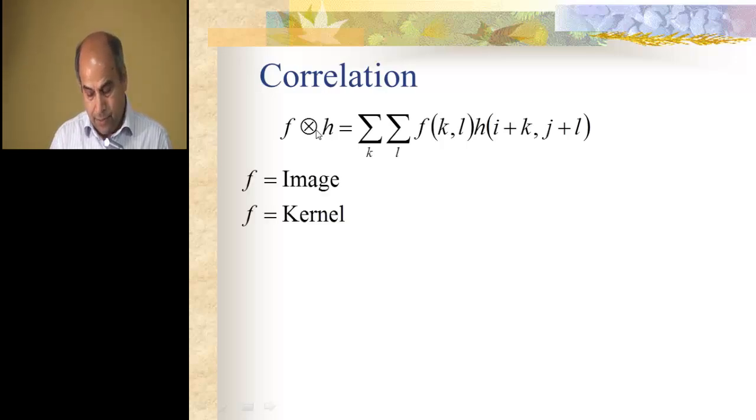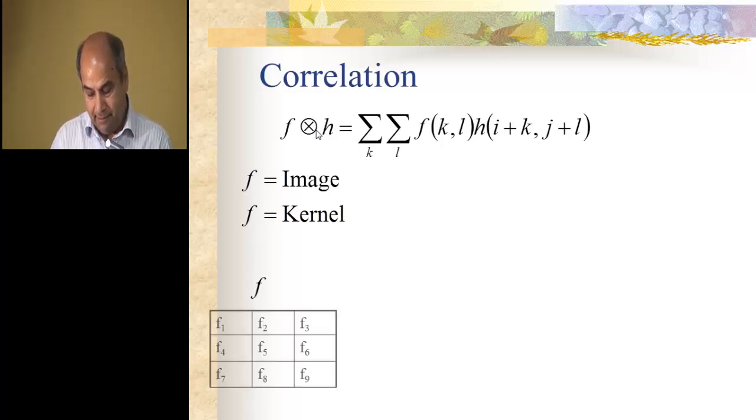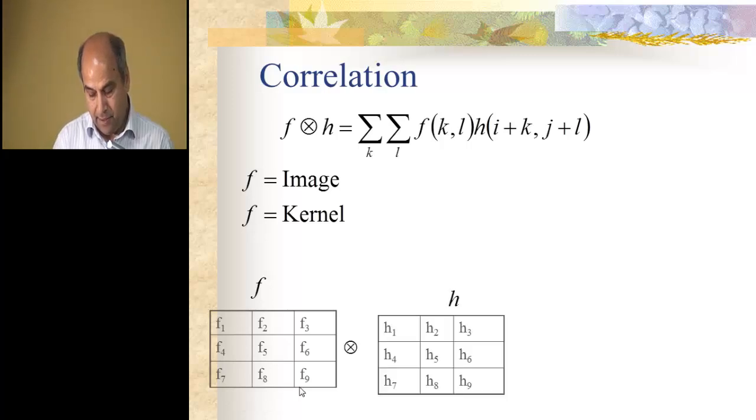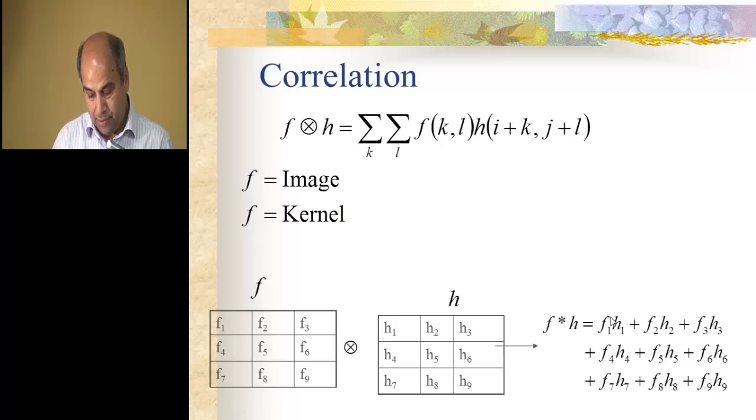So f is the image and h is a kernel or a mask. Let's say our image is again very simple, just 3 by 3, with values f1 to f9, and we want to do correlation with this mask. We expand this summation, and as I told you, we multiply this with that, this with that, this with that, and so on.